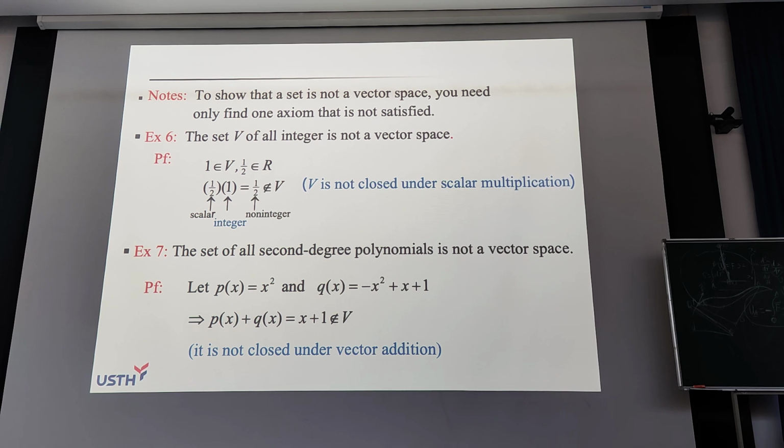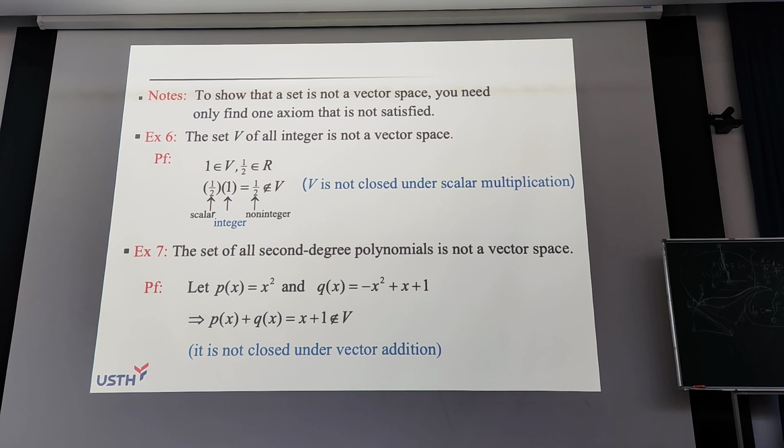But the set of all polynomials with degree exactly 2 is not a vector space. Tập hợp các đa thức có bậc đúng bậc 2 không phải là một không gian vector.